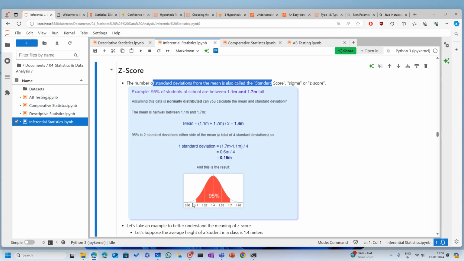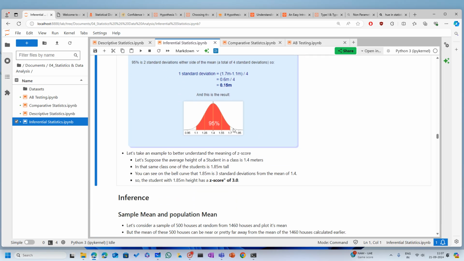Likewise, if they shade the first region or the last region and ask what is the percentage of people lying in that distribution, you have already calculated it, it is 2.14 or 2.15%. So you can straight away select the answer.